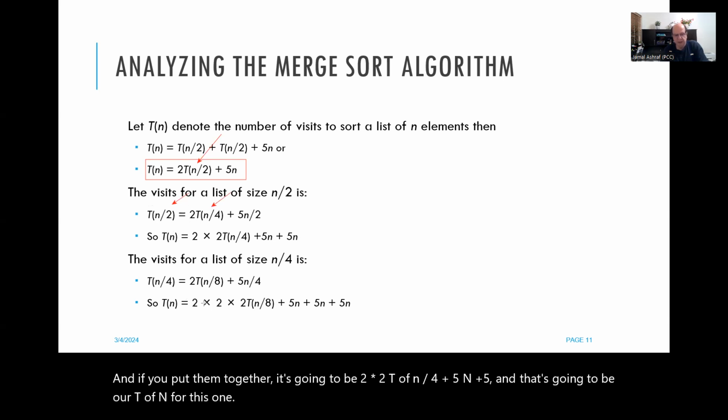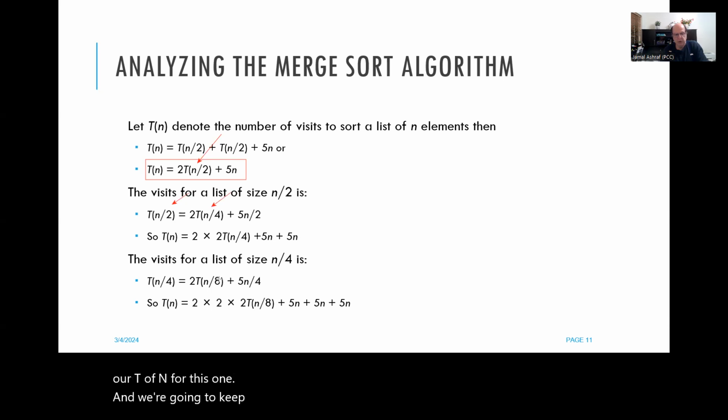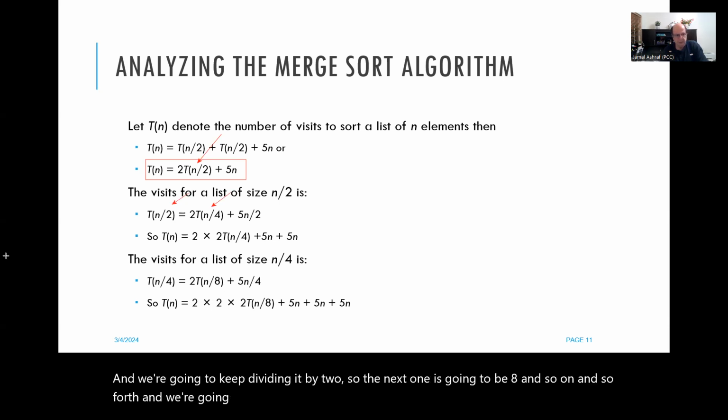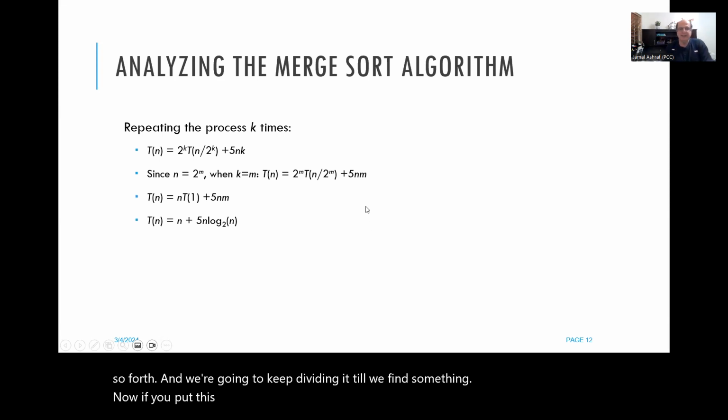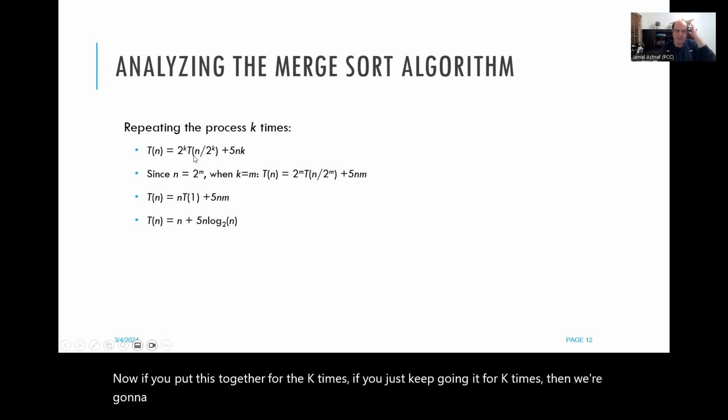And we're going to keep dividing it by 2. The next one is going to be 8, and so on and so forth. We keep dividing until we find something. Now, if we keep going for k times, we're going to have 2 to the power of k, T of n over 2 to the power of k, plus 5nk. That's the formula we're going to come up with.